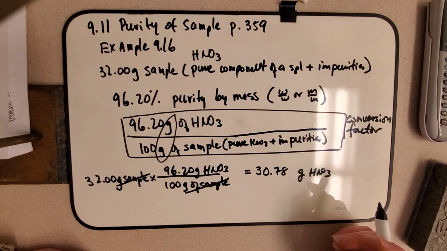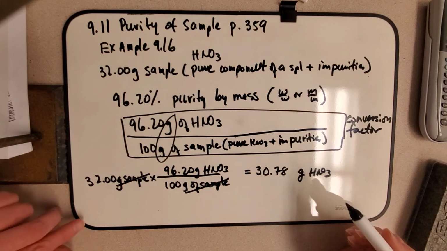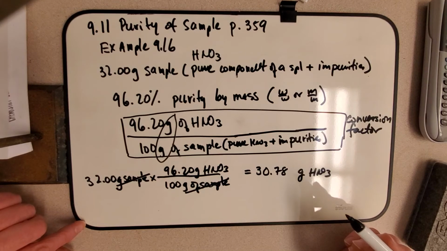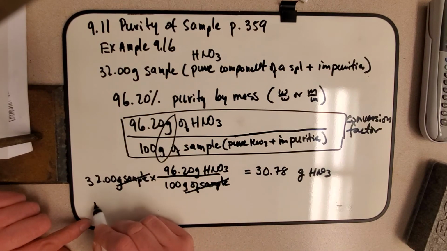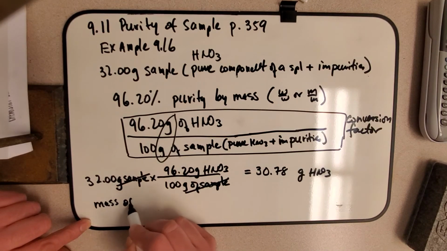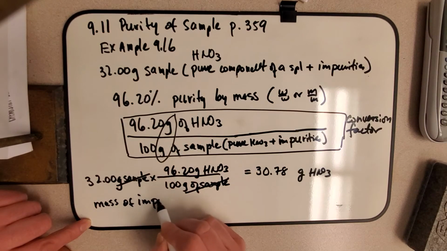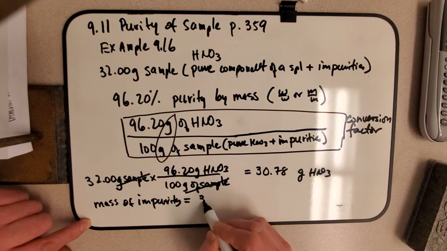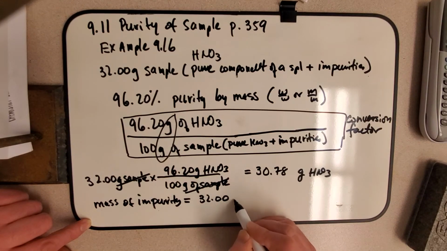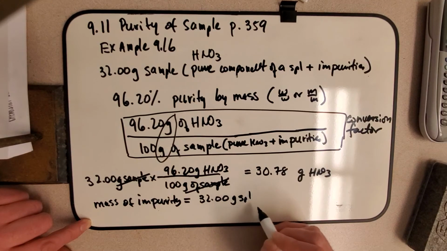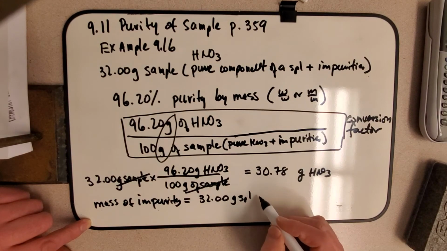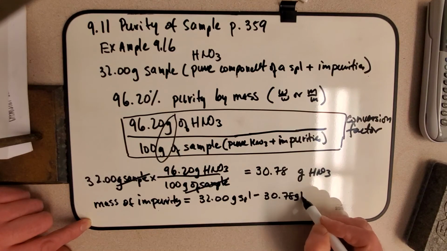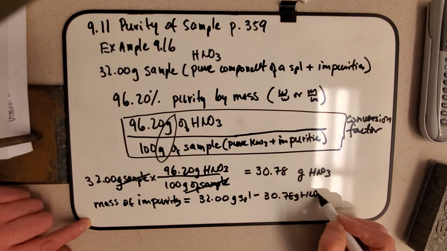This one, again, we can do several ways. One of the ways, we can just say that the mass of impurity equals the entire mass of the sample, 32.00 grams of the sample, I just abbreviated sample as SPL, minus 30.78 grams of HNO3.